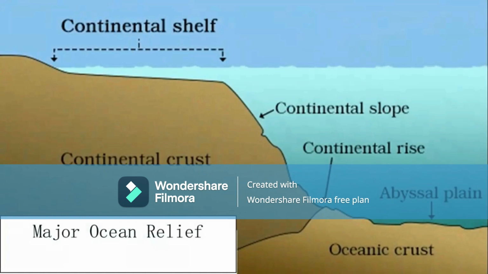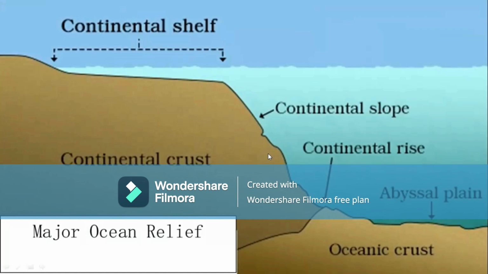What is the continental shelf? You can see over here that the crust can be divided into two parts. This is the continental crust and then the oceanic crust. Please remember this.